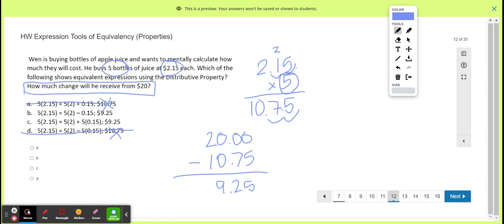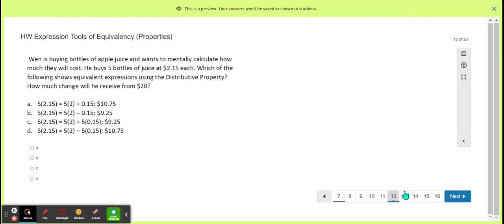Now the distributive property says we're going to multiply 5 times 2 and 5 times the change, $9.25. So that is going to help us eliminate our wrong answer choices, and the most correct answer is going to be C.